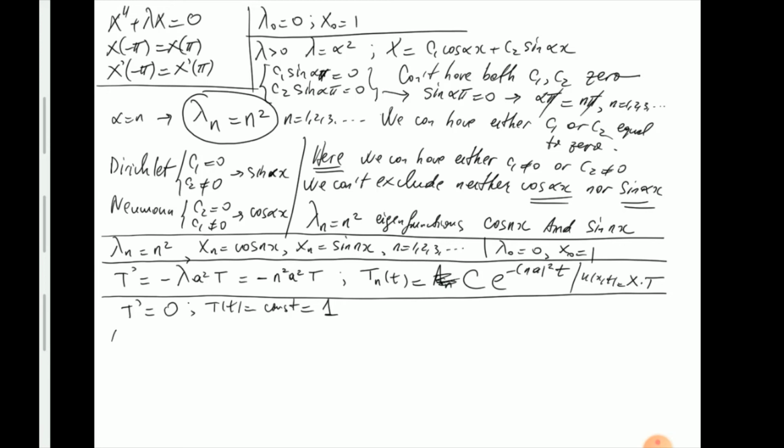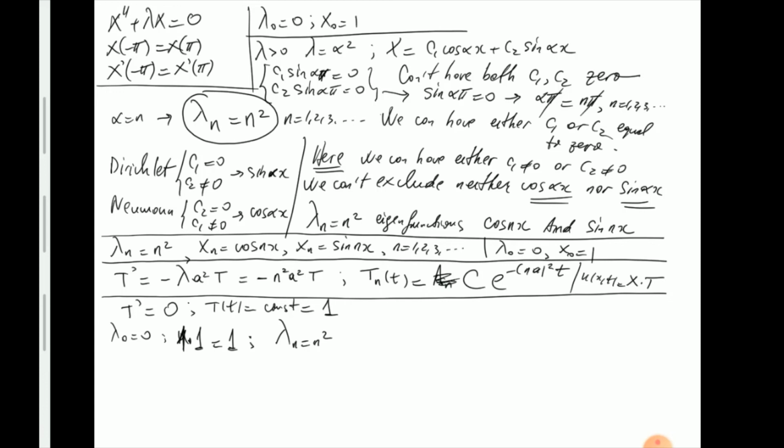When we have lambda not equal to 0, one solution is going to be, big X is 1, so that's just 1 times 1, basically 1. And then when lambda n equals n squared, you have two pairs of solutions here.